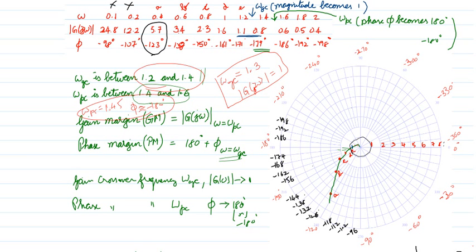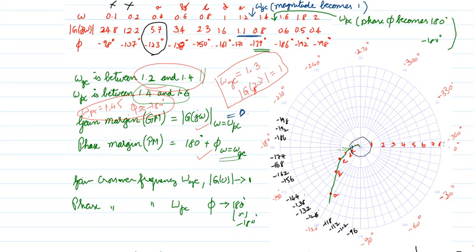Once you have found the gain crossover frequency and phase crossover frequency, you can easily find the gain margin and phase margin. The gain margin of the system, at omega pc 1.4, is approximately 0.8.